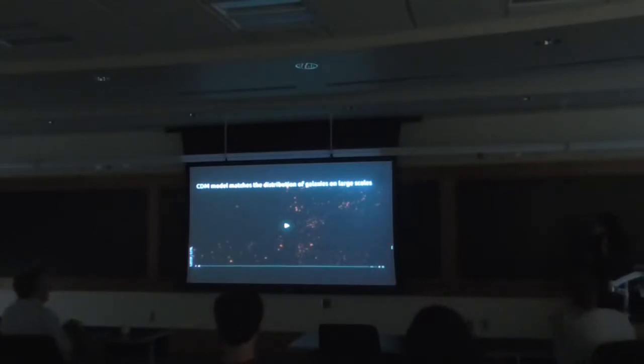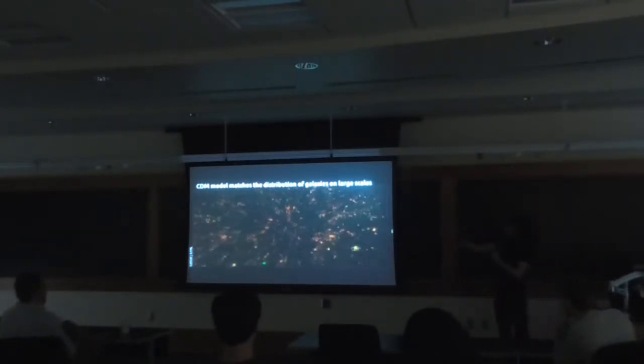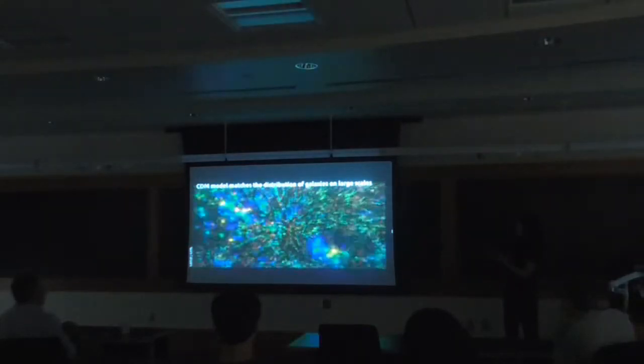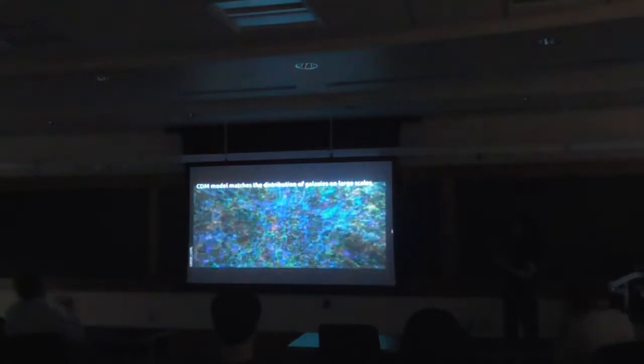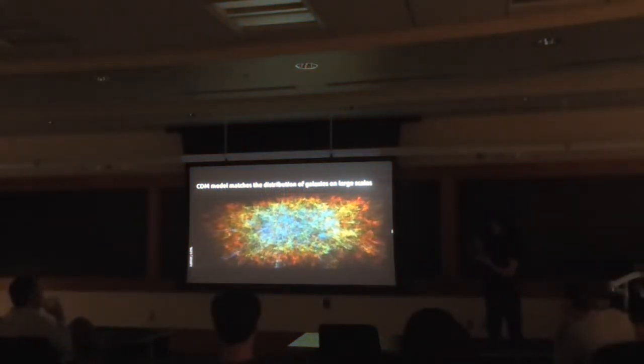So I'll show a movie that shows the distribution of galaxies as observed in SDSS, and then the distribution of dark matter halos on the other side, as seen in a Bolshoi simulation. If you look very carefully, you can see that there is a dividing line, but looking at it as a whole, the distribution of galaxies on large scales is very similar to the distribution of simulated dark matter halos.